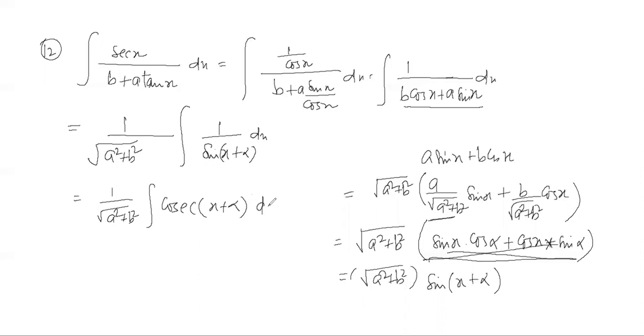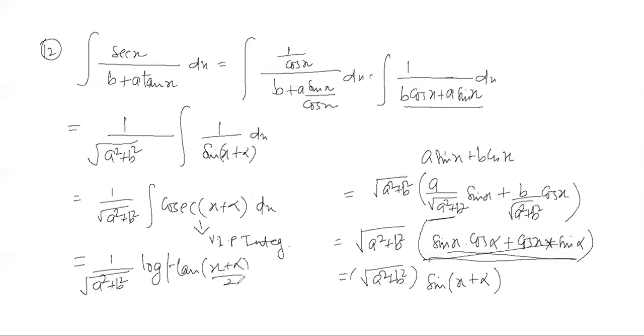This one is a VIP integration, which equals log of tan of x plus alpha upon 2, plus c. Okay, any doubt? Very good. And in place of alpha, what would the value be? This one is cos, right?